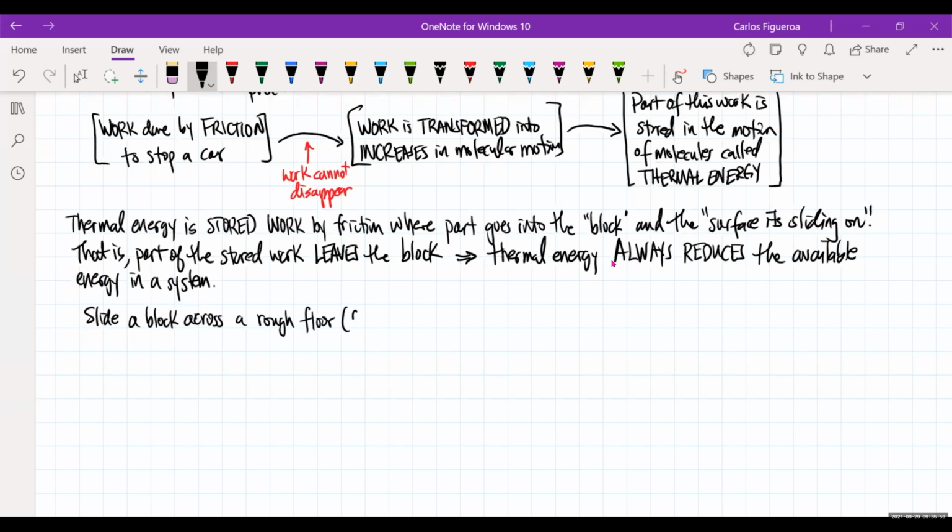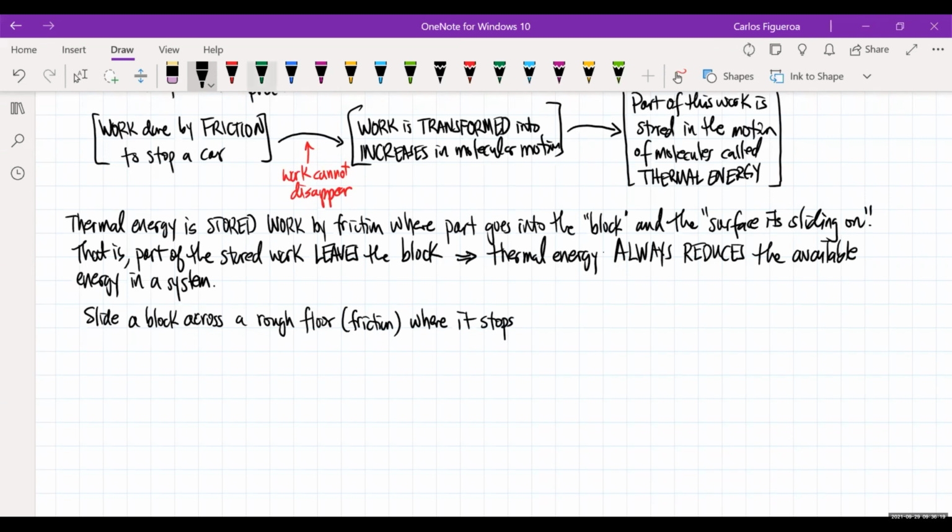And when I say rough floor, I really mean that there's some friction. Even though the floor is smooth, there's friction. So I'm going to slide a block across a rough floor where it stops.